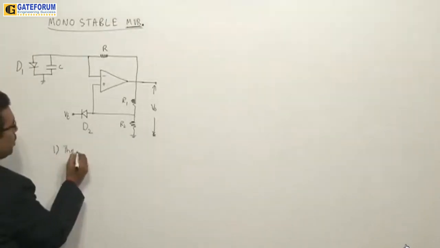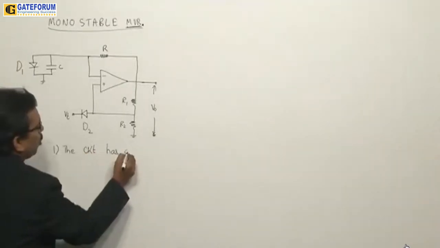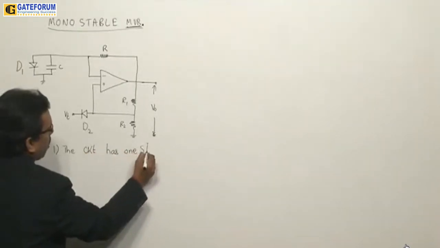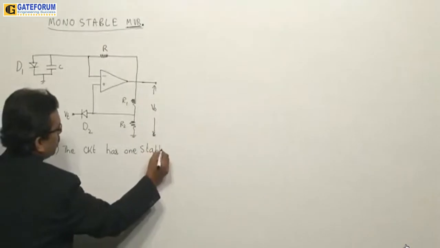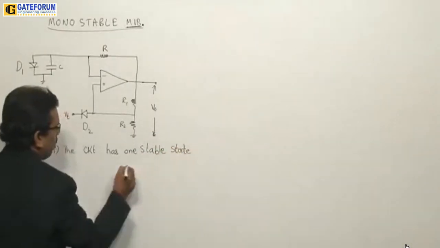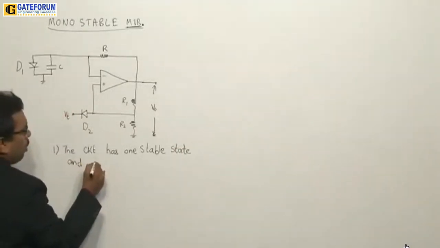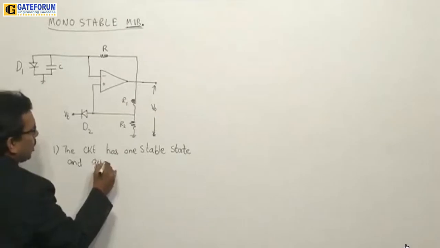but as it has got the name monostable, it indicates here the characteristics of the circuit. That is, the circuit has one stable state, and one quasi-stable state.